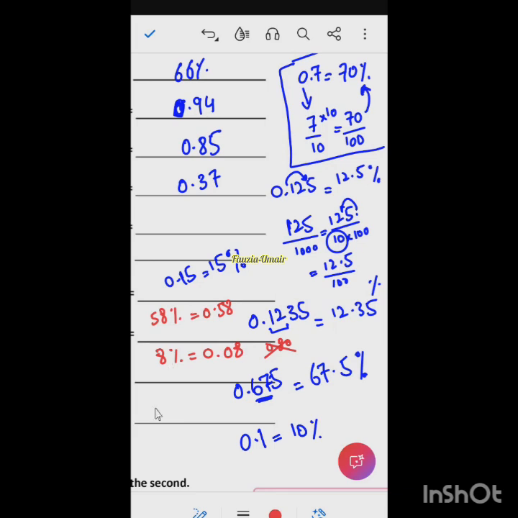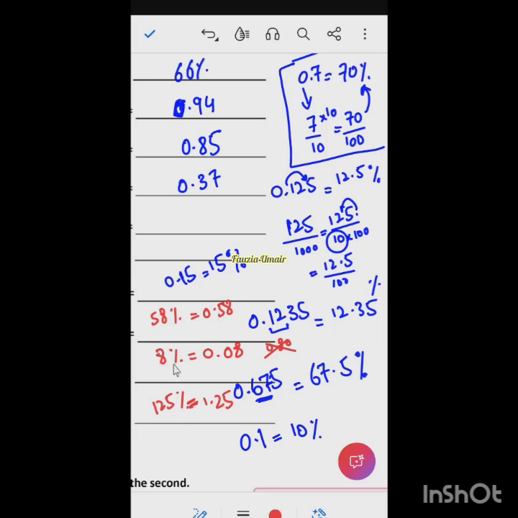So what if it is 125%? Now there are 3 digits. What would be the decimal? 1.25. When there are 2 digits, we just arrange the decimal.